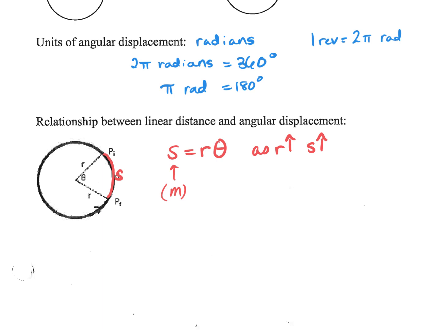All right? Now, what do we know? This is linear displacement, so it's in meters. It's equal to R times the angular displacement. And remember what we said: the angular displacement is the same for all of them.